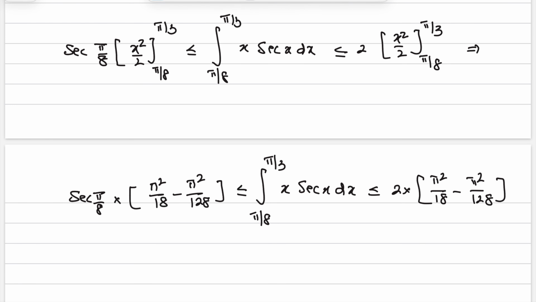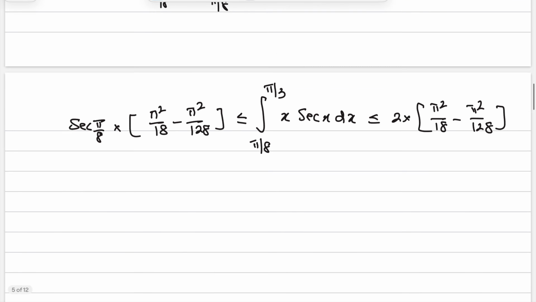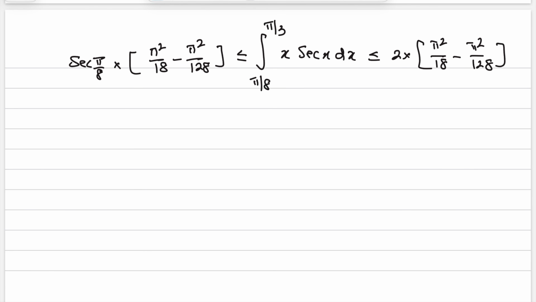Now 18 and 128, what is the LCM? That means 64 into 9 should be the LCM. 64 into 9 into 2, 1152. 1152 is the LCM. Secant pi by 8 into 1152 is the LCM.